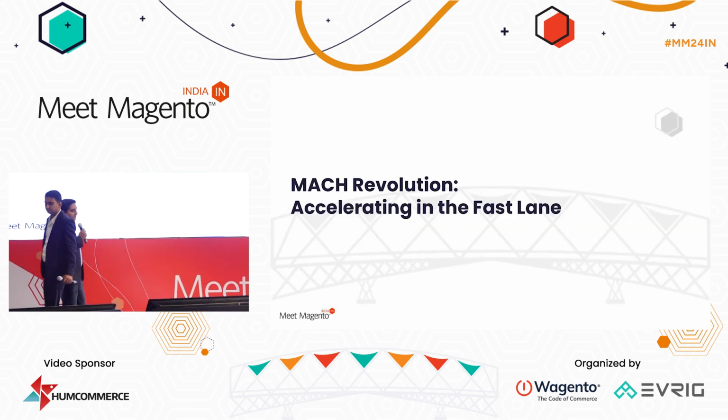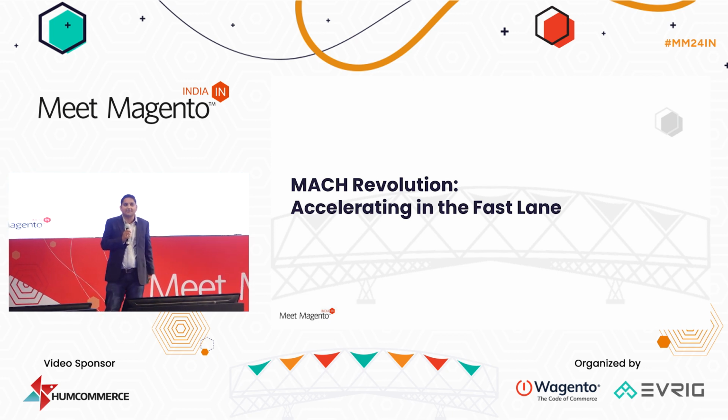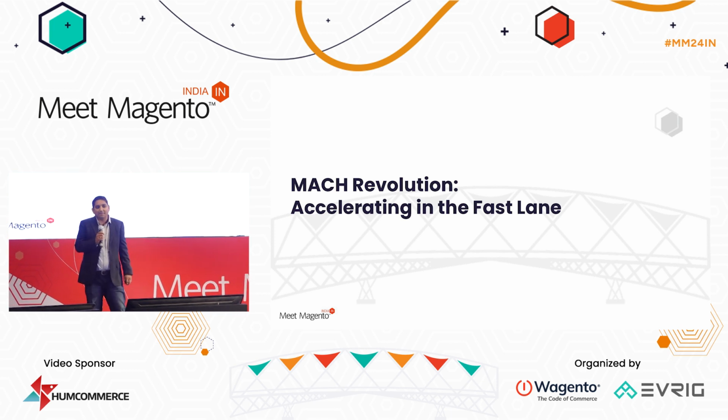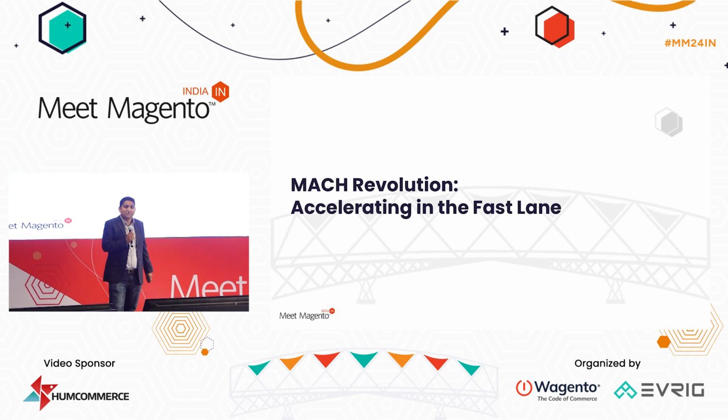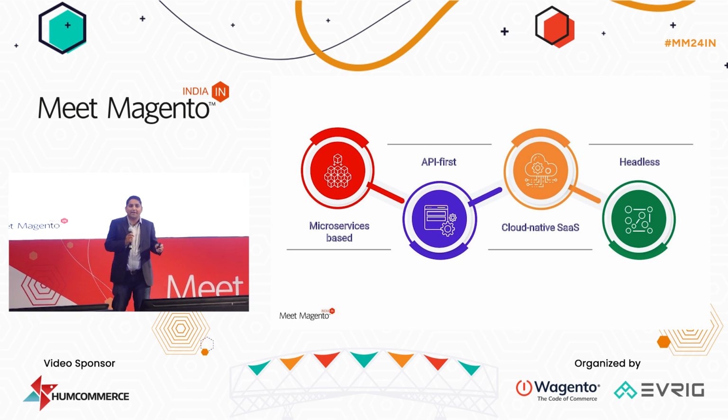When we talk about the challenges, to overcome them we always think about next-gen architecture. And when I say next-gen, everyone comes to the same thought: MACH, right? MACH is the revolution for the next commerce, wherein we all know the definition: microservices, API first, cloud native, and headless.